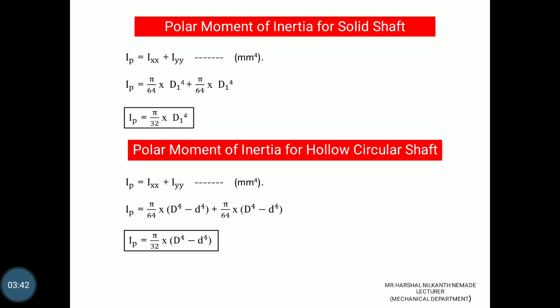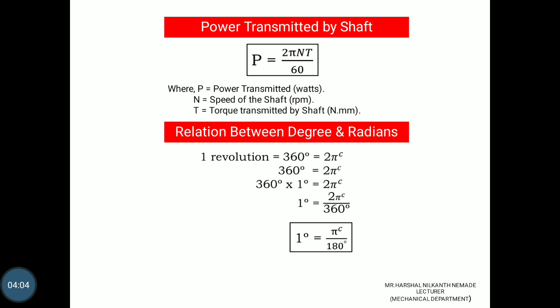This is your formula for a solid shaft. The polar moment for a hollow circular shaft is IP is equal to pi by 32 multiplied by capital D raised to 4 minus small d raised to 4. These are your formulas for solid and hollow circular shafts.